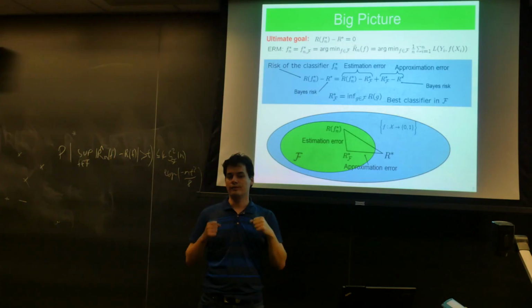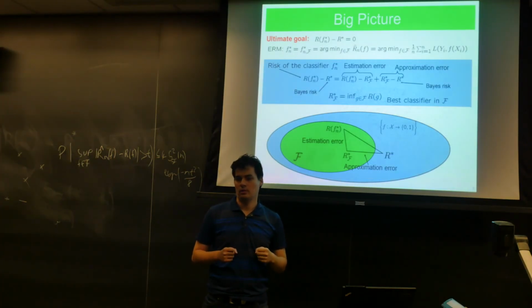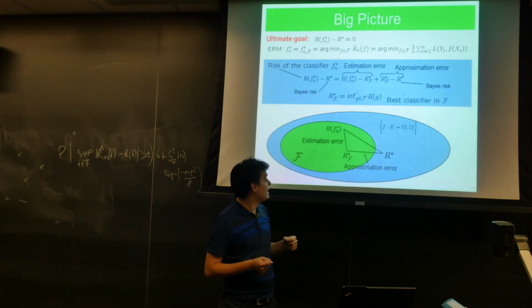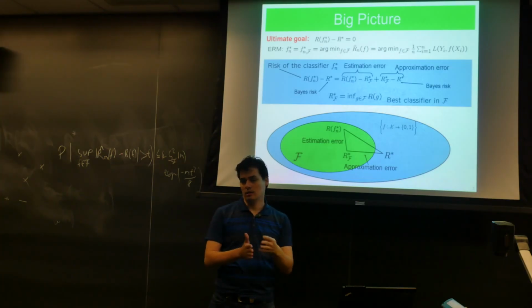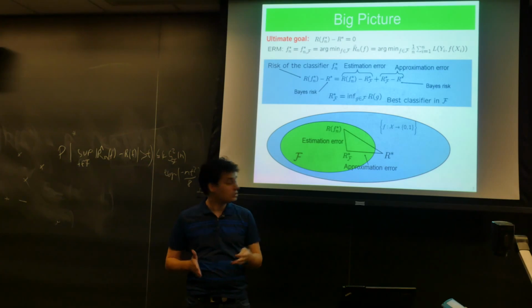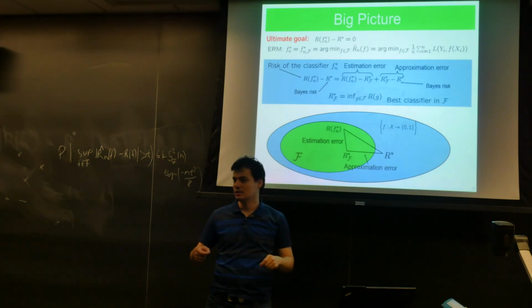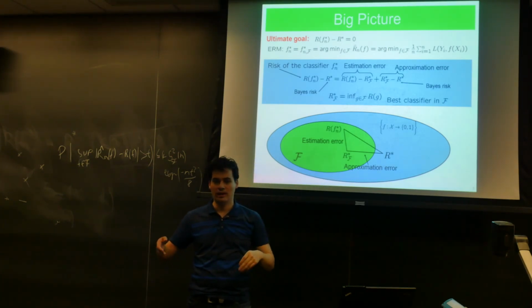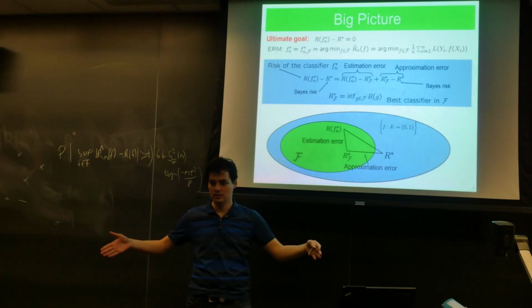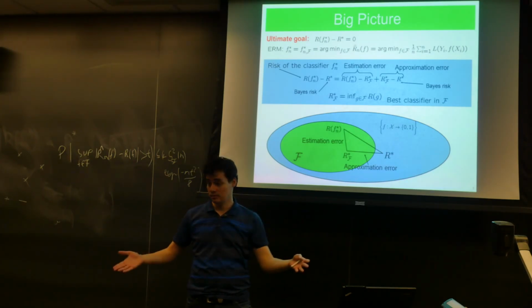Here we assume that you fixed your function class F, and then we studied how the estimation error behaves. You are right that in practice people increase the function class as they have more and more training points. You increase the complexity of the function class, and you can even measure that complexity with VC dimension.